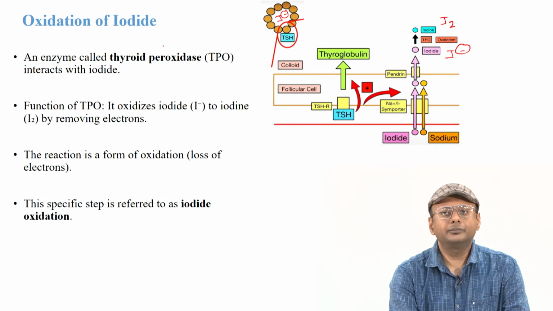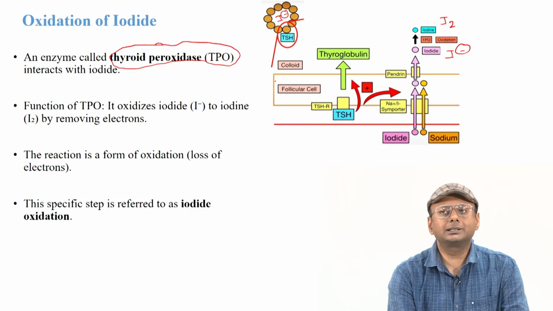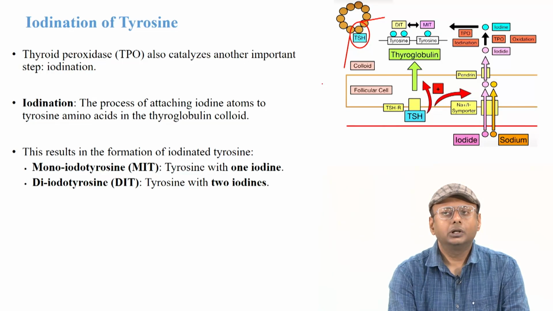This enzyme, present in the colloid part, basically oxidizes the iodide ion to iodine or I2. This is called the iodide oxidation step. Then let's see what happens in the next step. Once the oxidation happens, the iodide ion is converted to iodine.